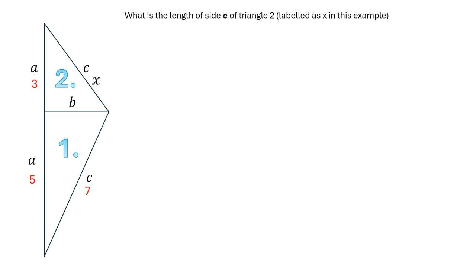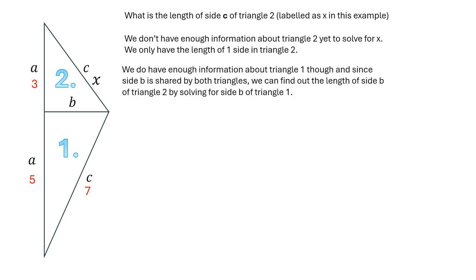We're given A and C, so we can write an equation for triangle 1 by saying A squared plus B squared equals C squared. A is 5, so 5 squared plus B squared equals 7 squared.